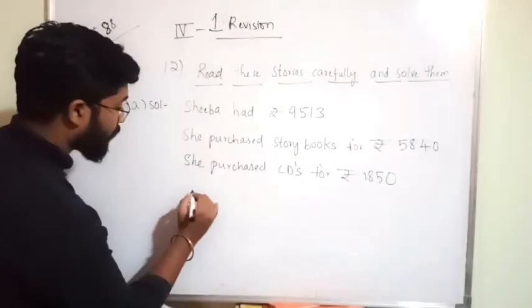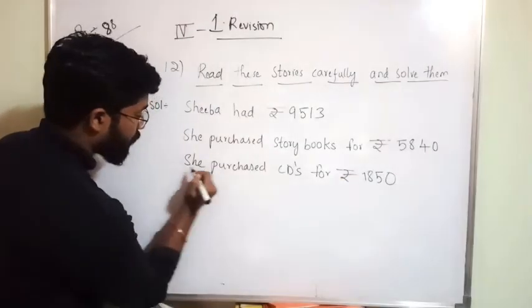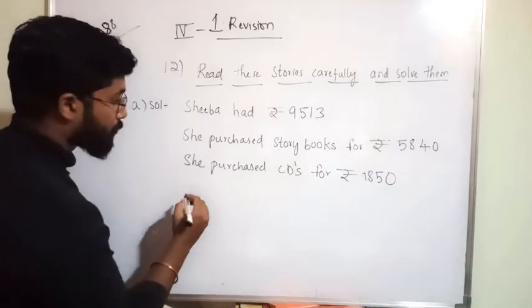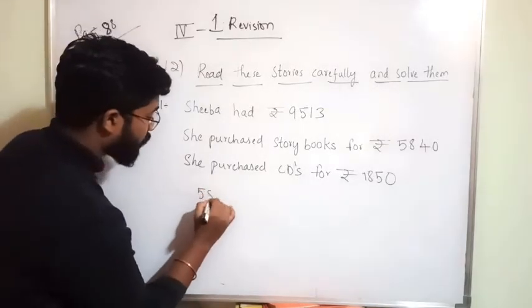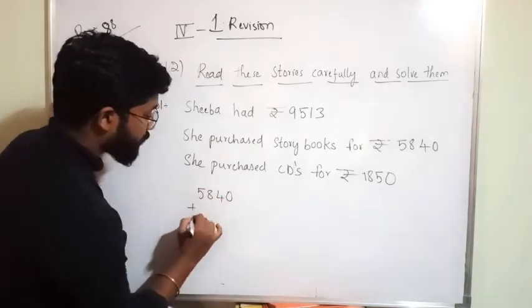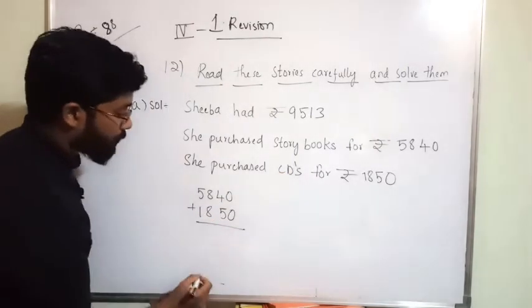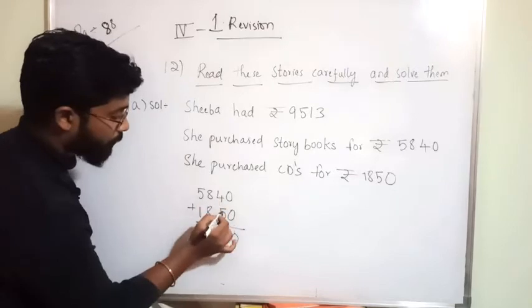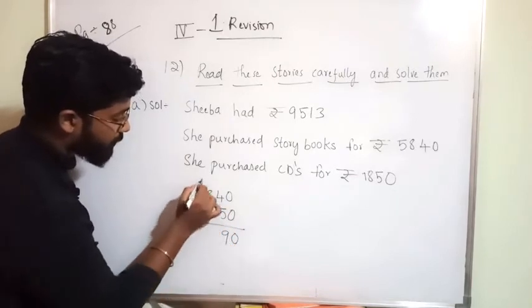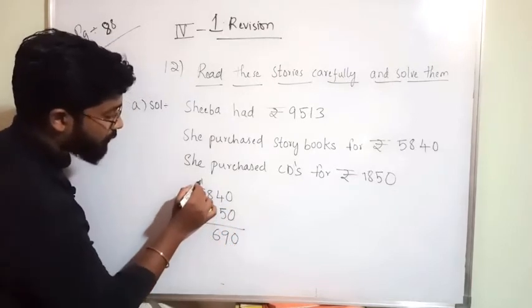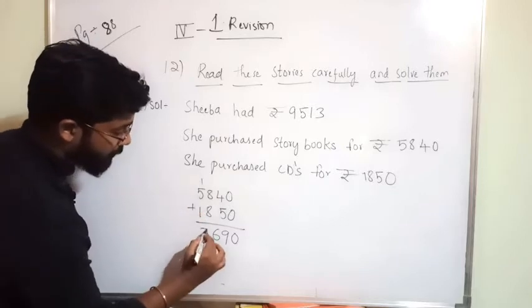So add 5840 plus 1850. 0 plus 0 is 0, 4 plus 5 is 9, 8 plus 8 is 16, 5 plus 1 is 6, 6 plus 1 is 7.